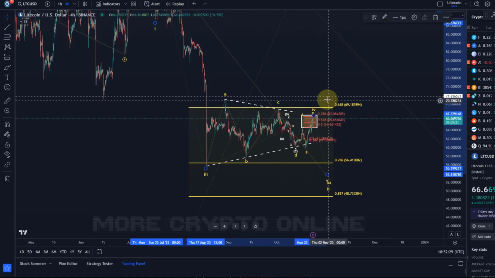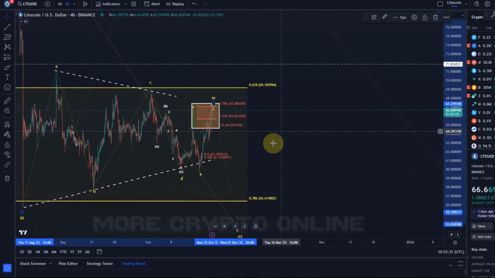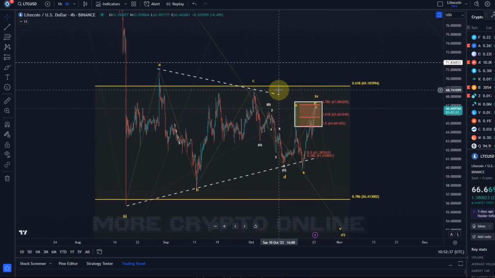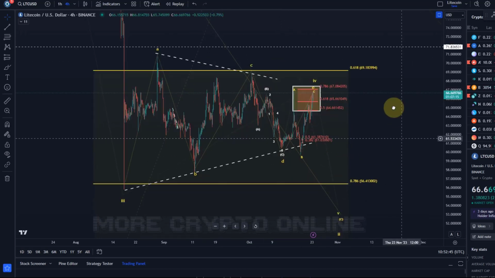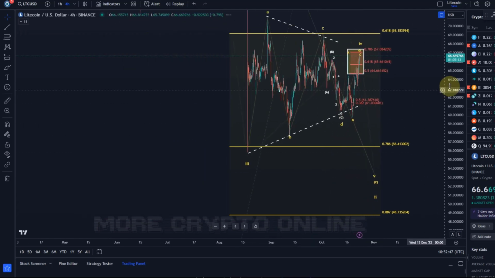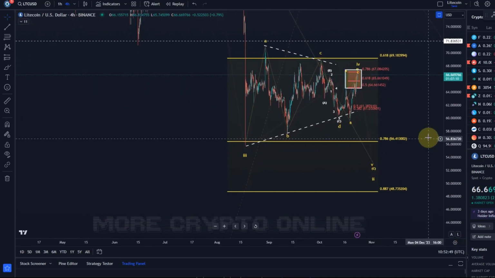But it just depends on which pivots the price is going to hold and cross. So it will get less likely that we get another low already with a push above the C wave high, and that's at around $68.80. And with a push above the $70.70 level, another move down in a triangle pattern will be invalidated.